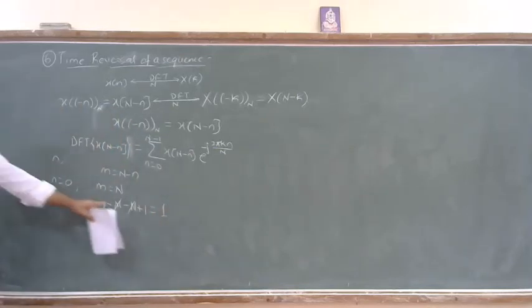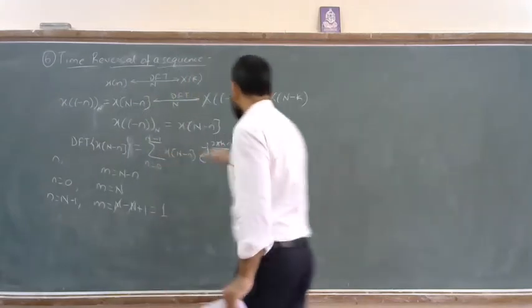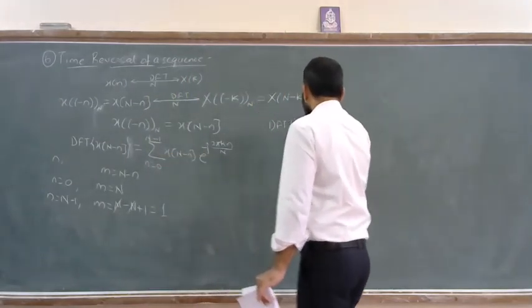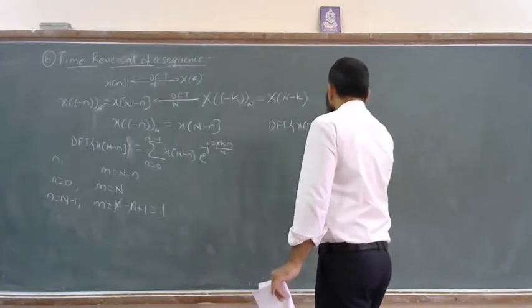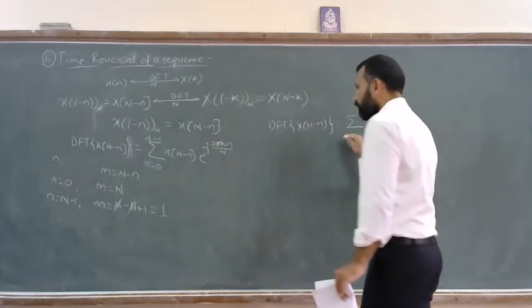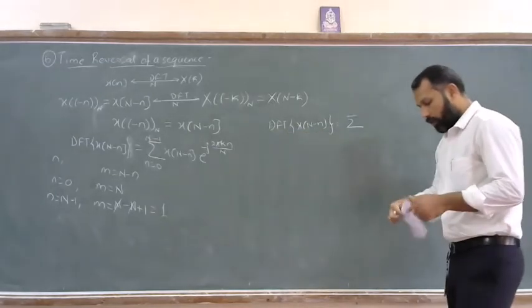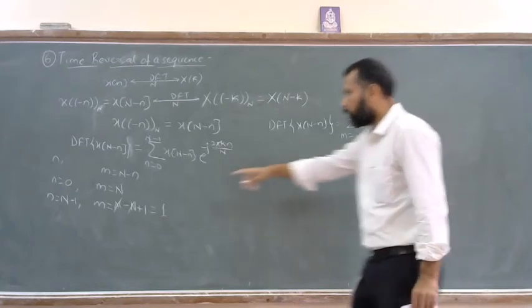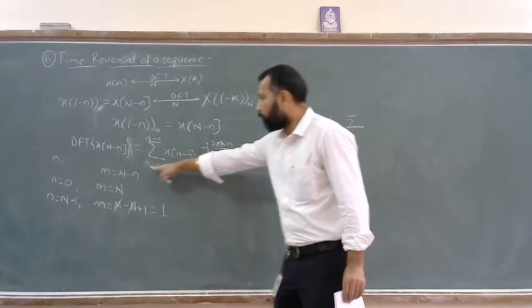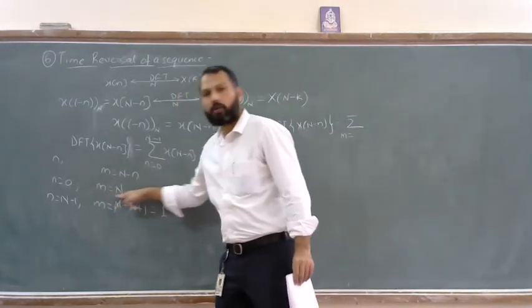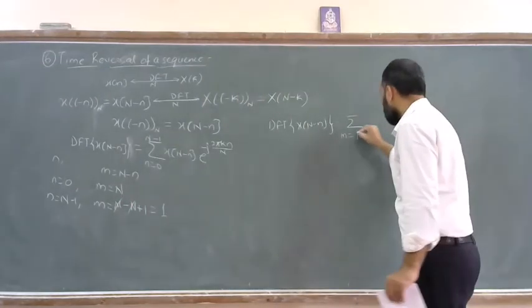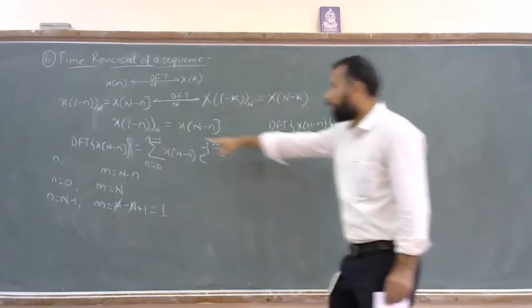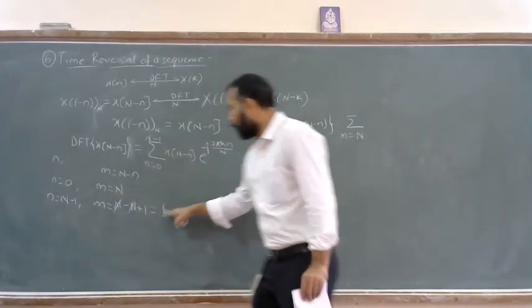Okay. Now we'll be using these here. So DFT of x of (N minus n) will result into a summation. What will be the lower limit? The lower limit for n equals 0 is m equal to capital N. So capital N will be the lower limit in the summation. And when n is equal to N minus 1, the upper limit is 1.